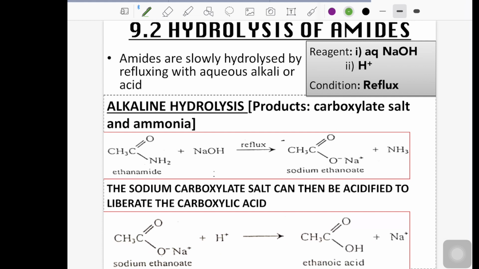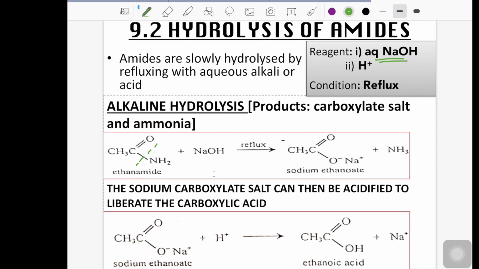Next one is alkaline hydrolysis. There are two steps. The first one is you use aqueous sodium hydroxide, which is the catalyst for the hydrolysis. Sodium hydroxide will also break the same bond, because that's the bond you form when you combine acyl chloride with amine.